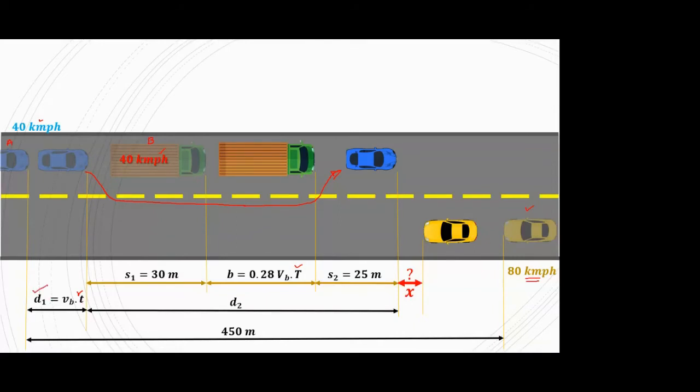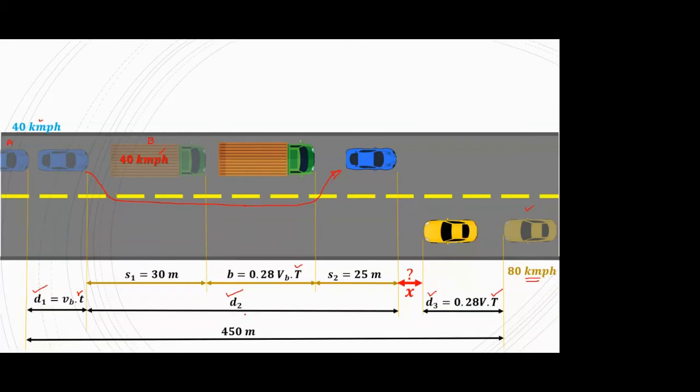So D1 we will know, D2 we can find out, and D3, again, they have given the design speed of the highway, it's 80 kmph. So our vehicle C will be moving with a speed of 80 kmph. So simply by using this formula 0.28 Vt, after finding out the overtaking time capital T, we'll be able to find out the D3 as well.